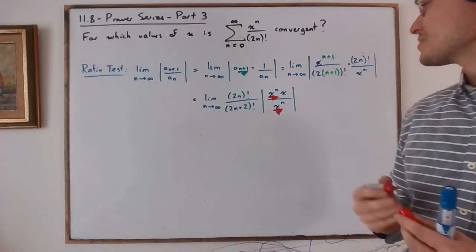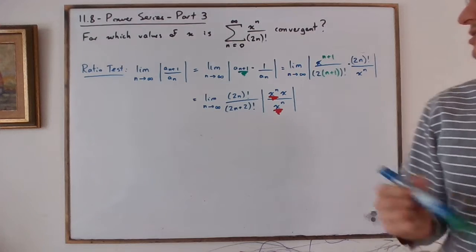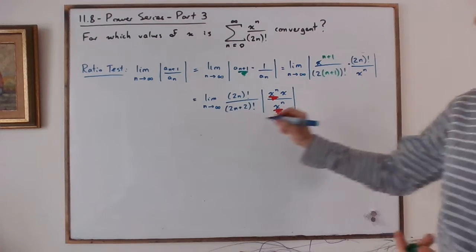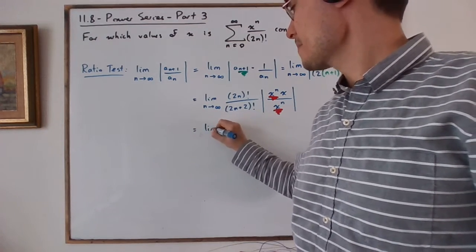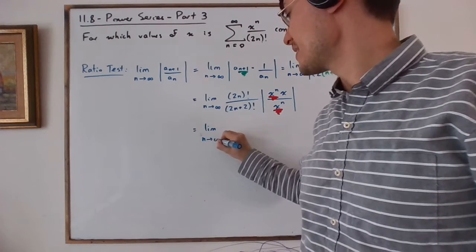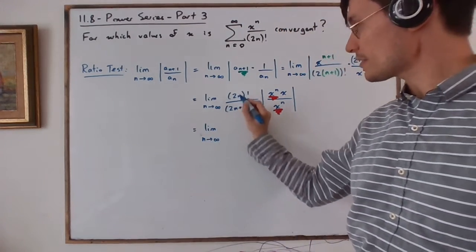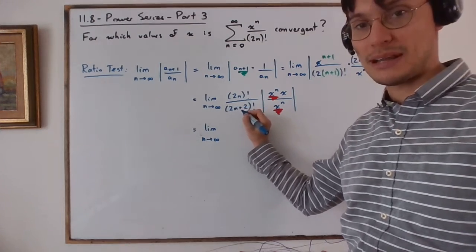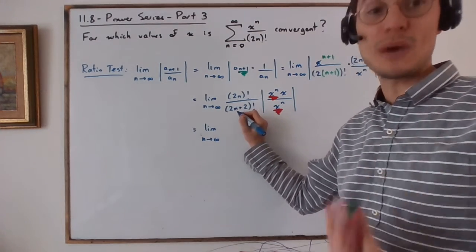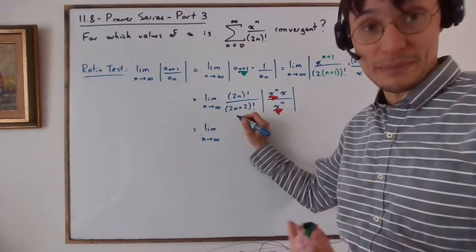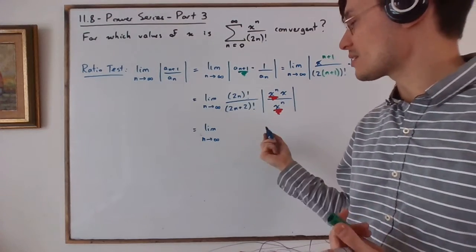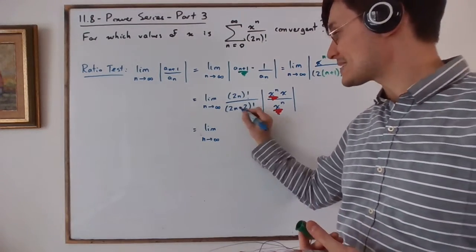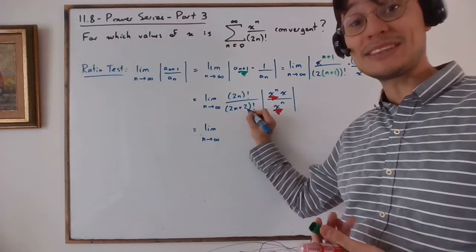Now we have to deal with the factorial. Here's how we do it. I'm going to use a new line: limit as n approaches infinity. Which one is bigger, this one or this one? It turns out that this is the bigger one. It starts at 2n plus 2, then 2n plus 1, then 2n, 2n minus 1, and this one only starts at 2n. Notice how eventually this will hit 2n.